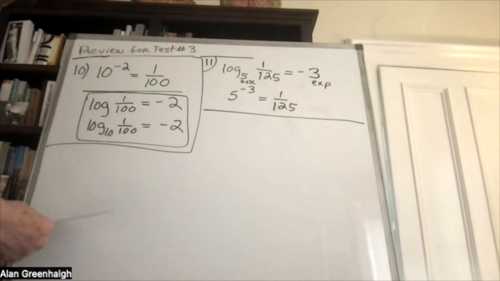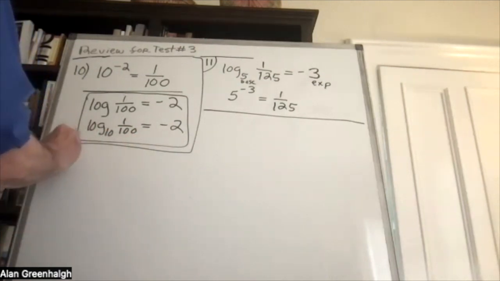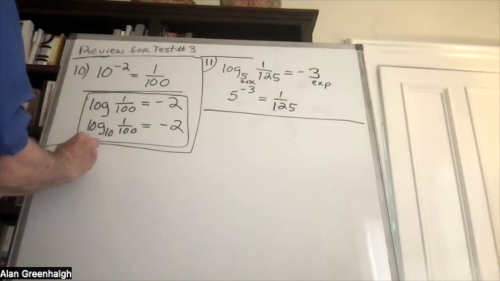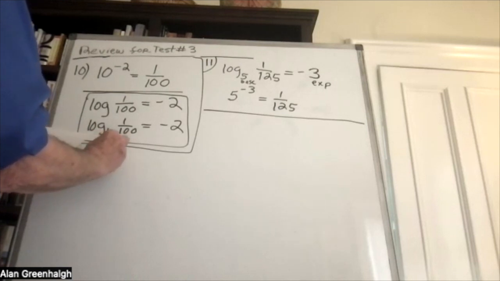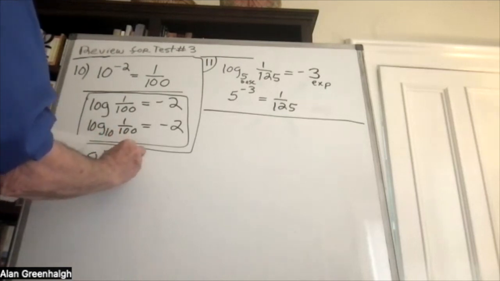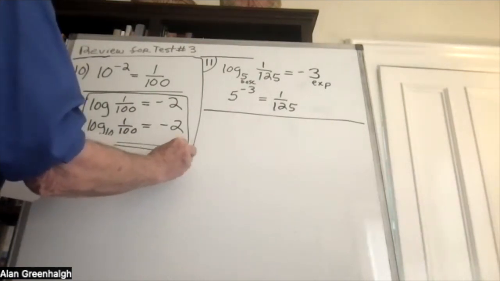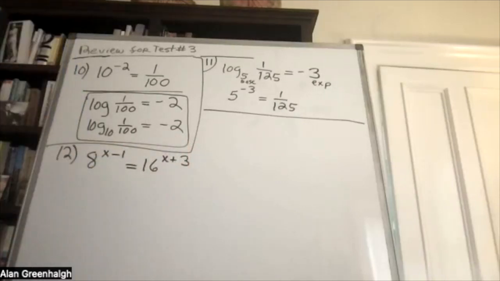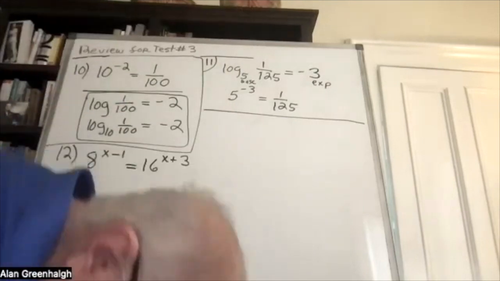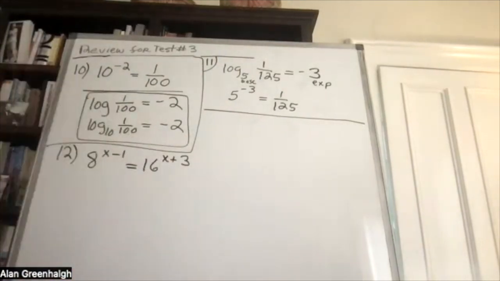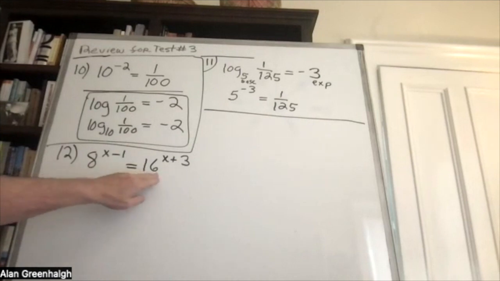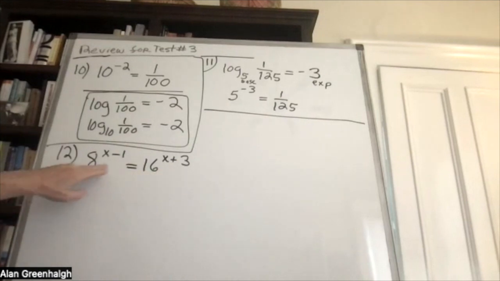All right, now we come across an exponential equation. Problem 12 is solve for x, 8 to the x minus 1 is equal to 16 to the x plus 3. Now, the idea here is to convert both of these numbers to the same base.